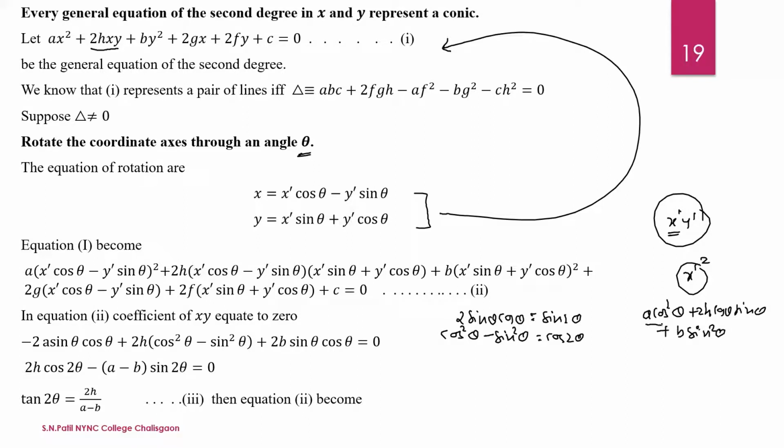Now the whole term we consider as a capital A. Similarly we construct the y dash square and the x dash y dash terms, then equation 1 we write as capital A x dash square plus capital B y dash square plus twice capital G x dash plus twice capital F y dash plus C. So this is the equation when we rotate the conic.